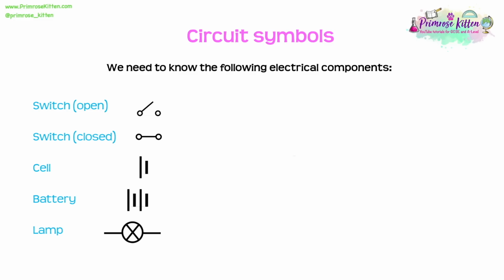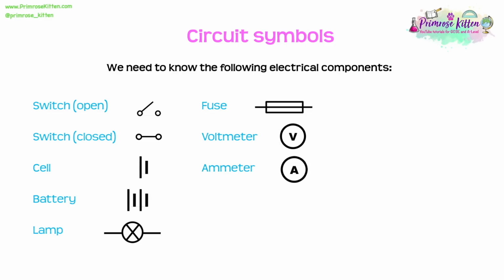Then we have the lamp, which is a circle with a cross through it. A fuse, which is a rectangle with a line going all the way through it. A voltmeter is a circle with a V in it. And of course, we need to know that a voltmeter is used to measure voltage. An ammeter is used to measure current, and its circuit symbol is a circle with an A in it.